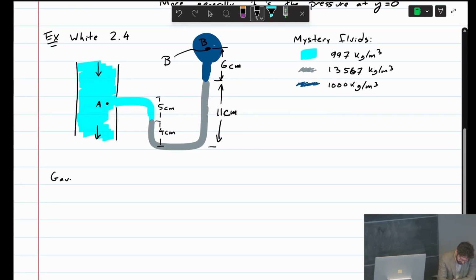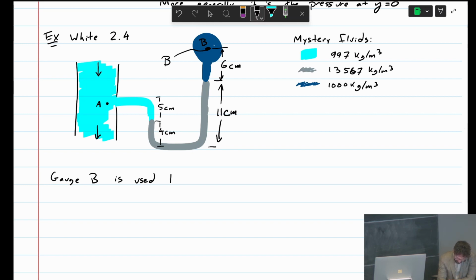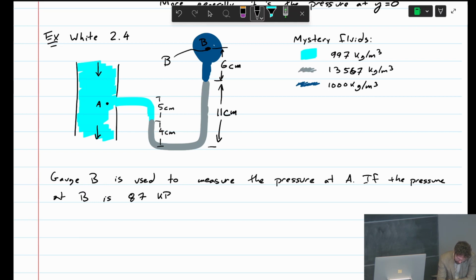So the problem is gauge B is used to measure the pressure at A. So if we have, say, some sort of pressure sensor there, if the pressure at B is 87 kilopascals, what is P at A?